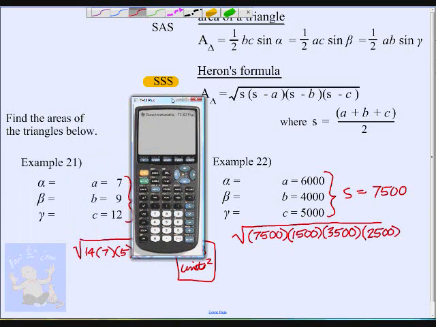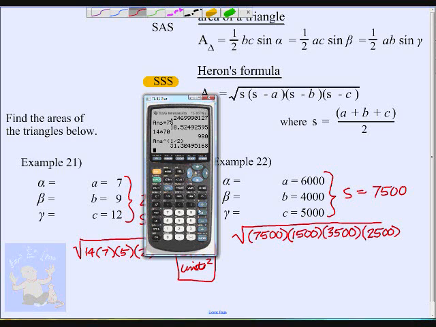All right, so we get our calculator over here, and we'll say 7,500 times 1,500 times 3,500 times 2,500. Yeah, I got it all. And notice it's put it into scientific notation. That doesn't bother us at all. We're going to find the square root of that. Okay, look at that. Ooh, that's the area.